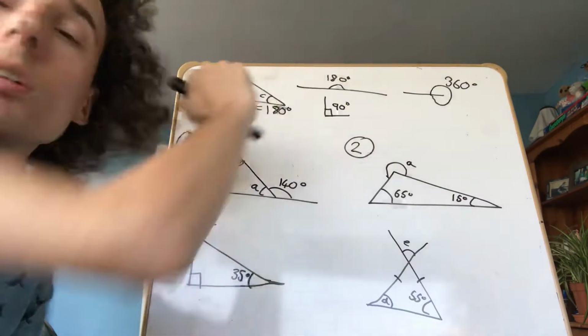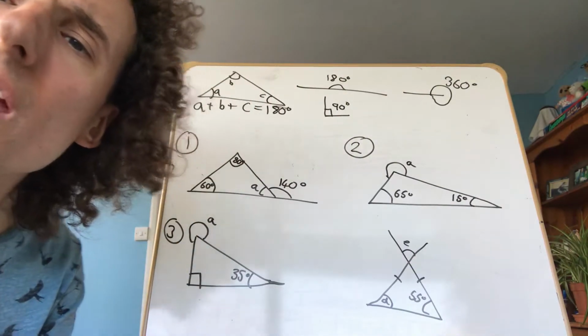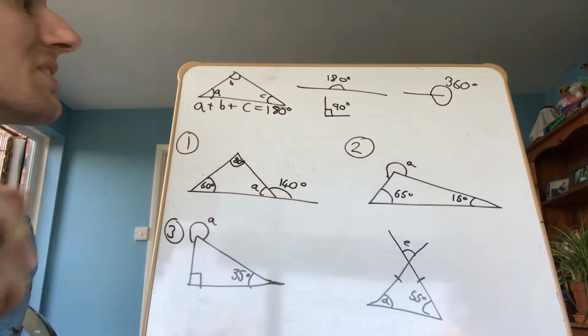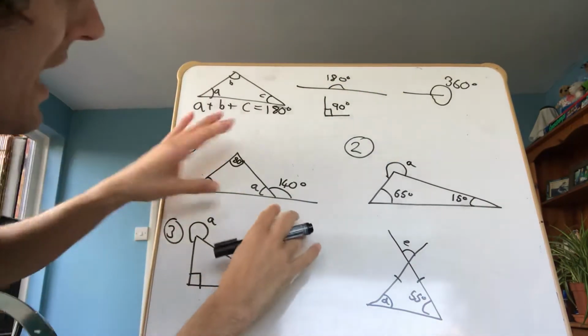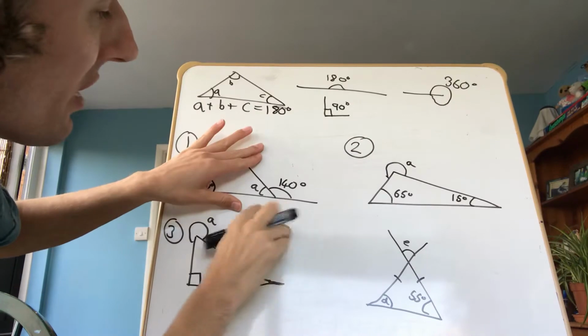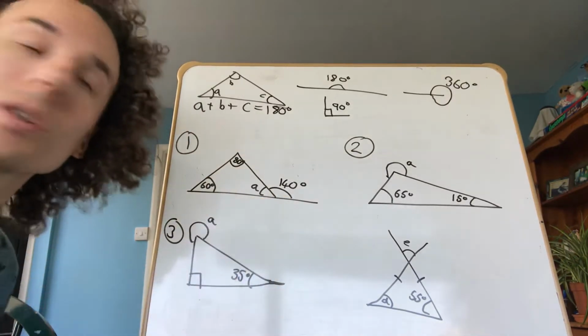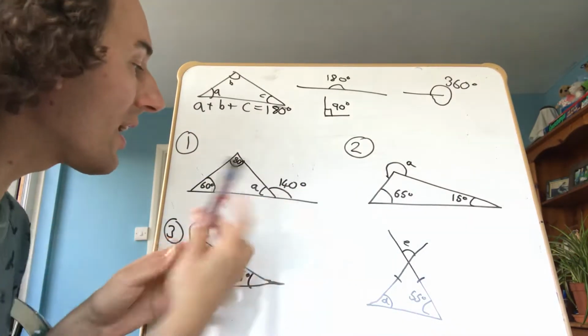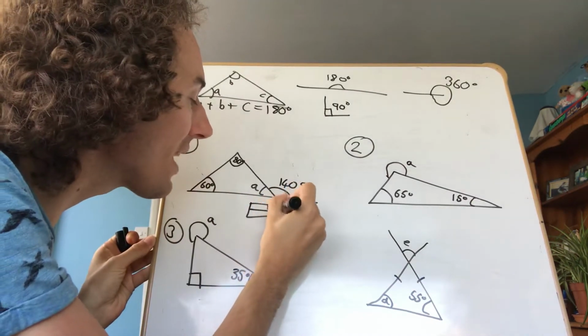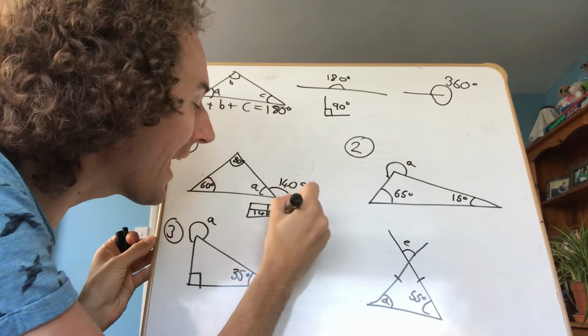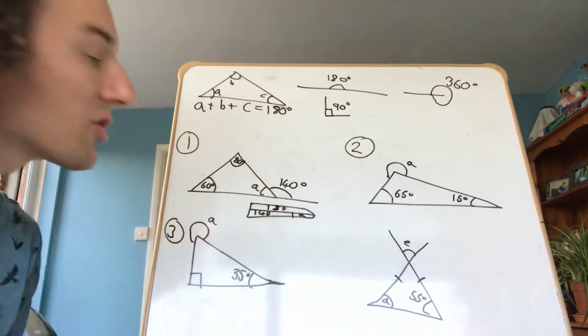Anything else up here? What's that you say in the corner over there? What's that, Abigail? Yes. Angles on a straight line add up to 180 degrees. Here is a straight line. Oh, so wait a minute. We've got 140 add A equals 180.